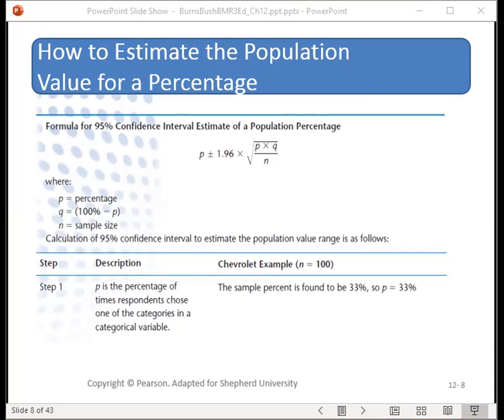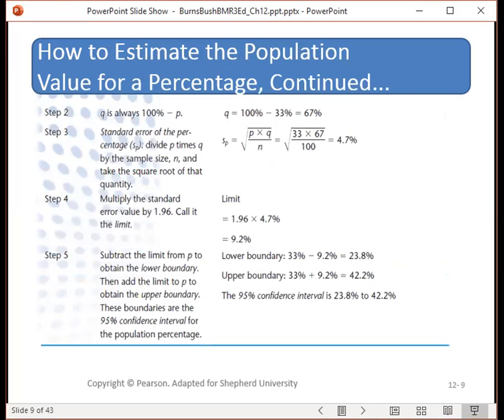Q is going to be 1 minus P, or 100% minus P. So in this case, Q is 67%. Our sample size is 100. So we're going to take the square root of 33 times 67 divided by 100, and we get a standard error of 4.7%.